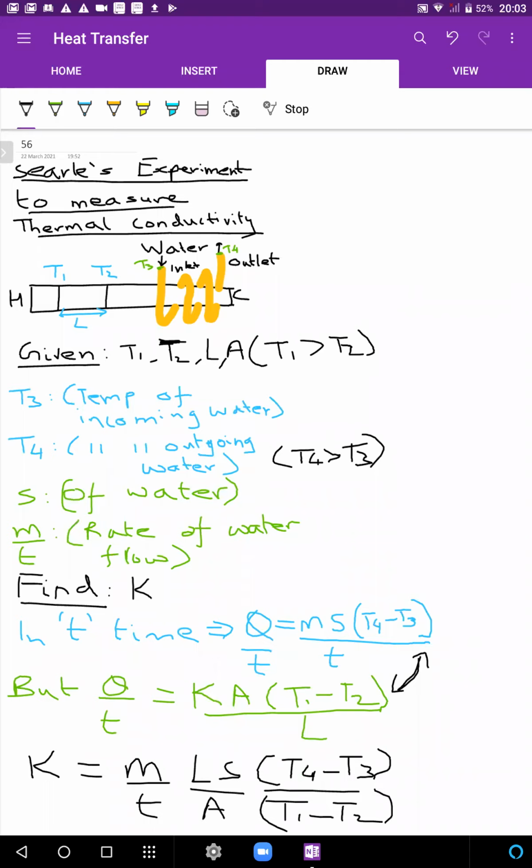Okay, you get this result. So this is just giving you an idea of Searle's experiment. Normally if they were to ask a question on this, they may explain it, but you never know. So just giving you an idea of what happens in Searle's experiment, what these different temperatures refer to. They may give you all the values, but they may expect you to know what they are talking about.